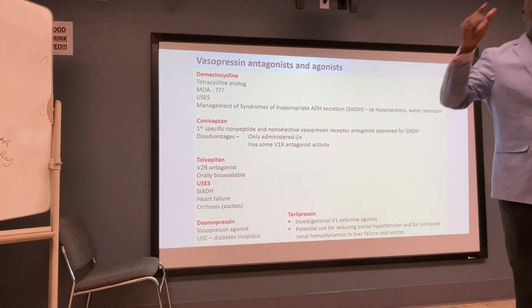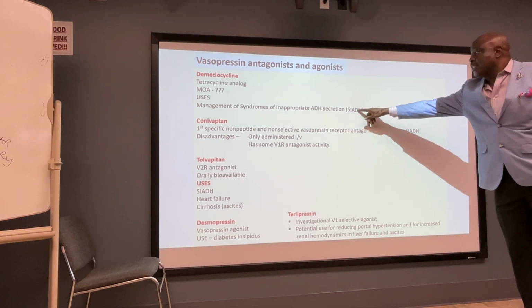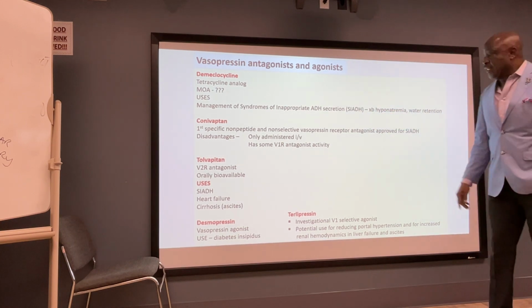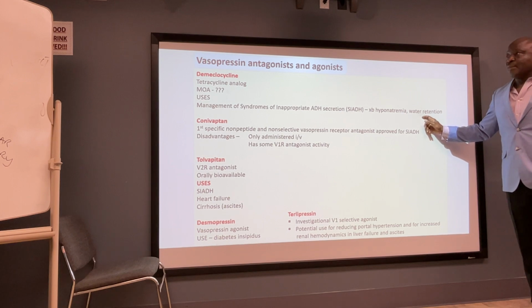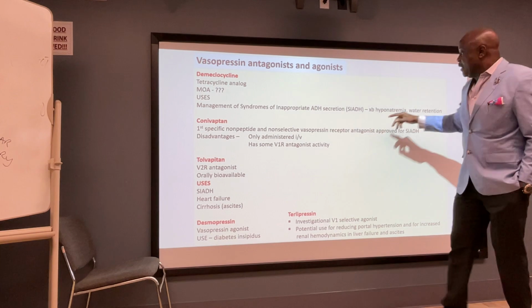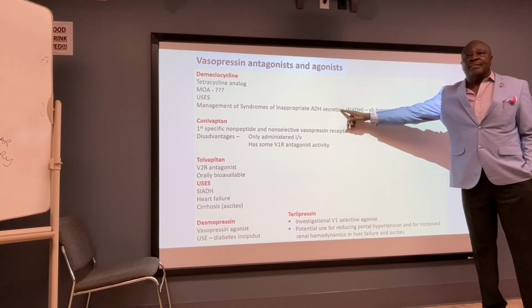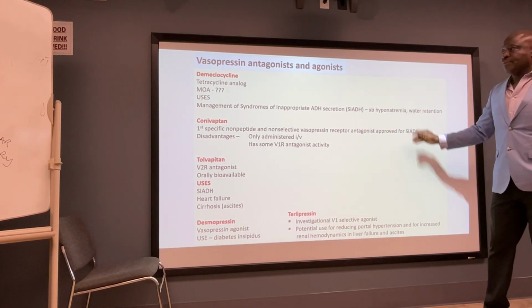Vasopressin is antidiuresis, which means it keeps the water in the body. So when there's inappropriate secretion, there is too much ADH being secreted, and there's too much water being retained. So when you give demeclocycline, it is to help correct for the excess ADH secretion, so that you don't end up with water retention.